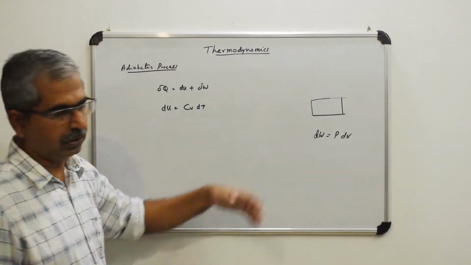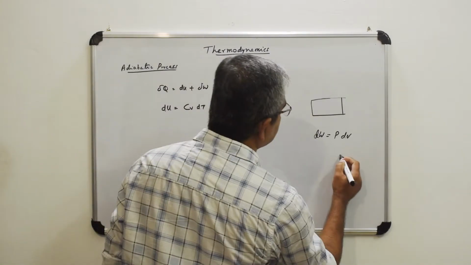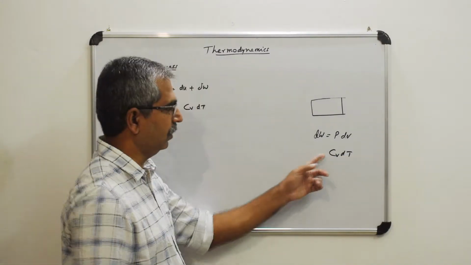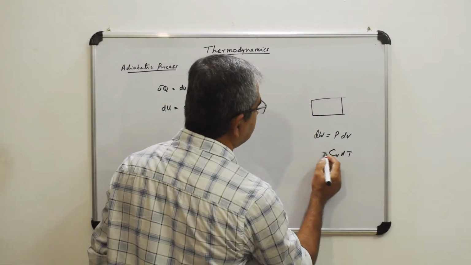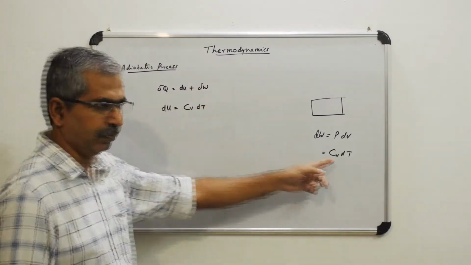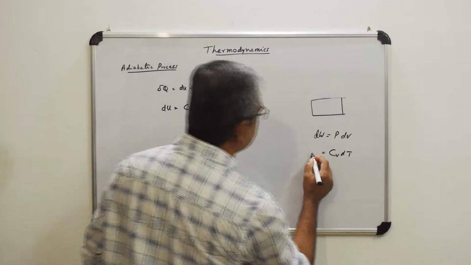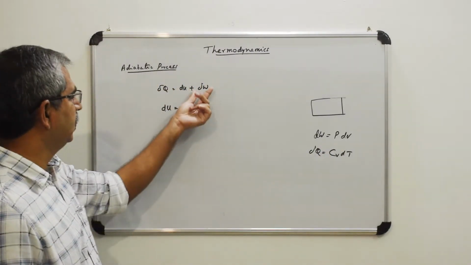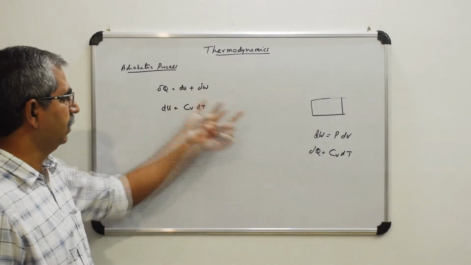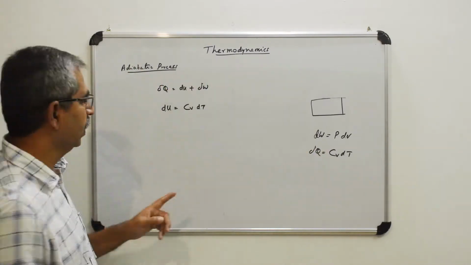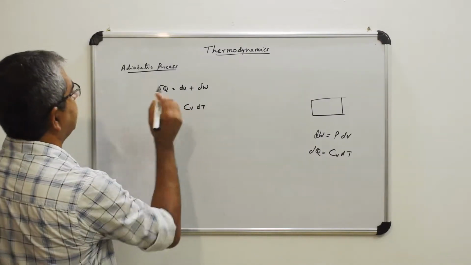So it is at constant volume, and if the temperature changes by dT, then the heat that is given will be equal to Cv into dT. So this is dQ, or delta Q, and dW equal to 0. So dU will be equal to Cv dT, because this part is equal to 0. So dU is equal to Cv dT.